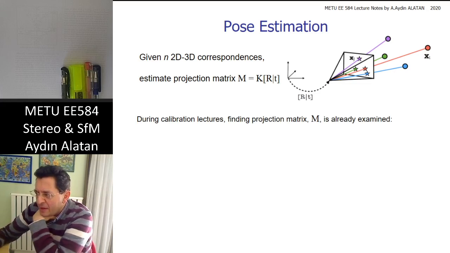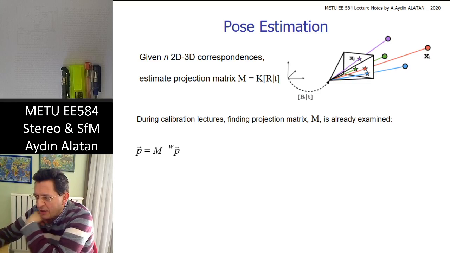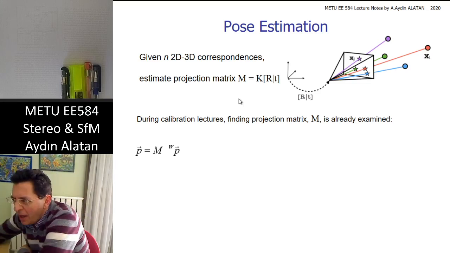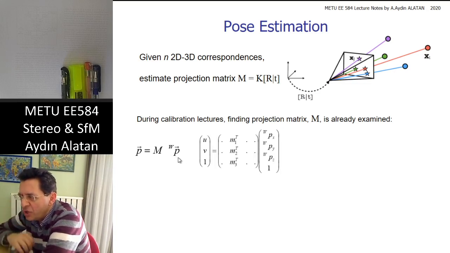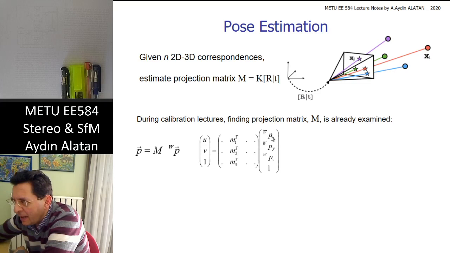Now, previously, in the past lectures, during the calibration stage, I already talked about this estimation of the projection matrix. Let's assume I have the world coordinates, like this, in P. It's in the homogeneous coordinate system, with respect to your CAD drawings or whatever real world coordinates, and there's a 1 for homogeneous.